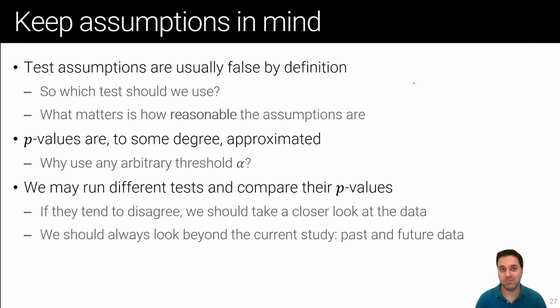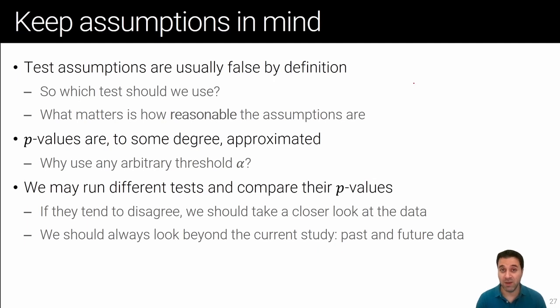We always have to keep the assumptions in mind, because ultimately the p-value is computed from the test, and the test makes different assumptions. And those assumptions are normally false by definition, like we said. We do not have exactly Gaussian distributions, for example. We do not have symmetric distributions. Many times we do not have really random samples. So at some point you have to start wondering which test we should use.